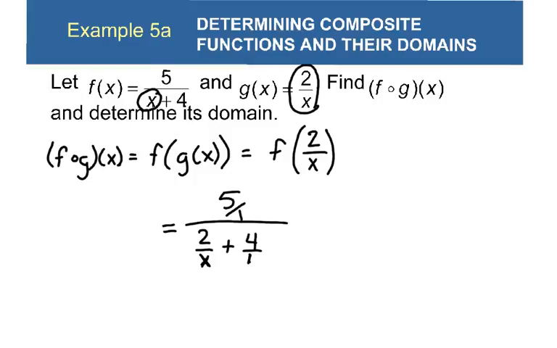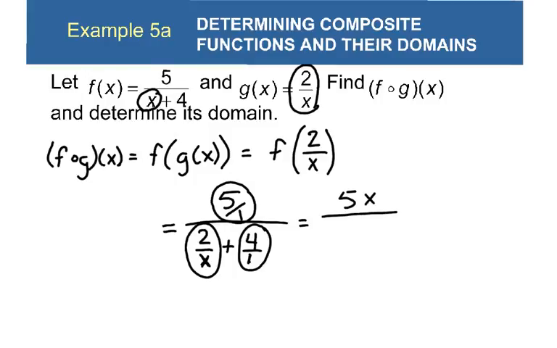Multiply everything, each term, by x. So you get 5x over 2, because the x's end up canceling out. See how the x's end up canceling? So here you go. It simplifies to 5x over 2 plus 4x.